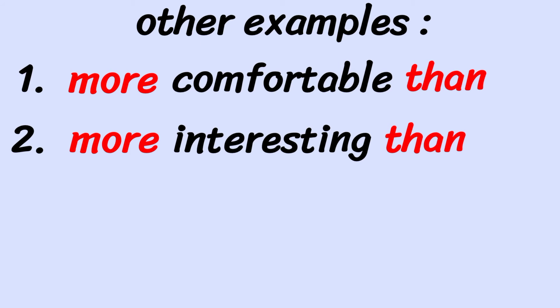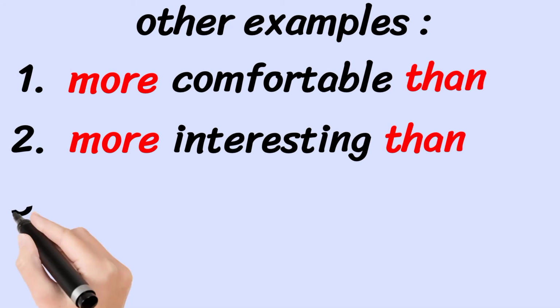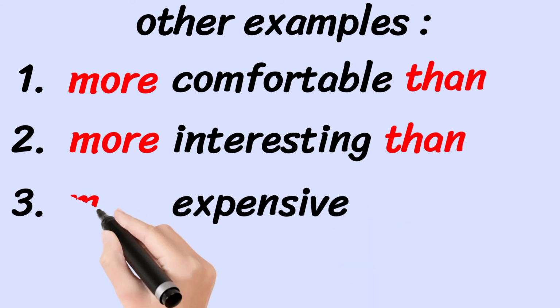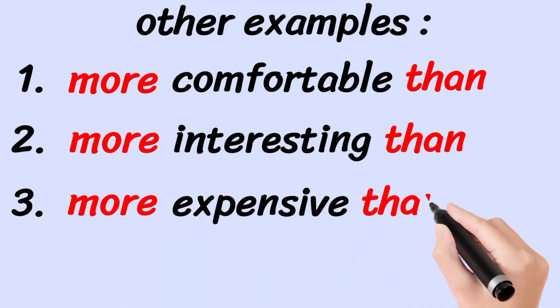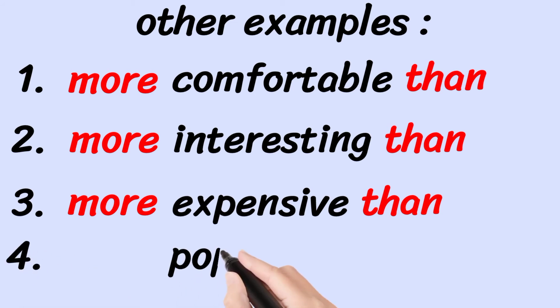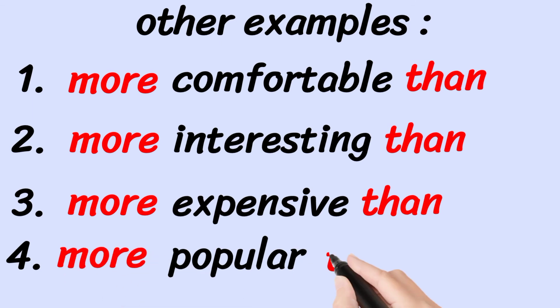We add more in front of the adjective. Third, is expensive, mahal. More expensive than, lebih mahal daripada. Fourth, is popular, terkenal. More popular than, lebih terkenal daripada. We add more in front of the adjective.